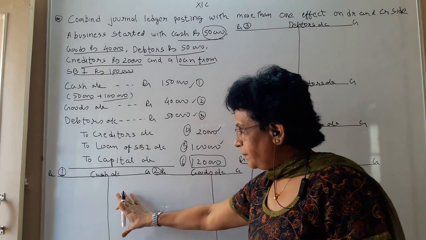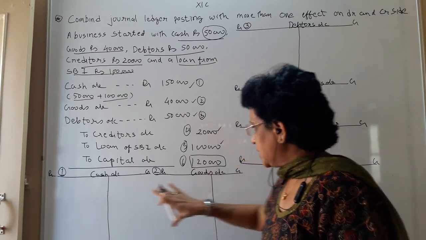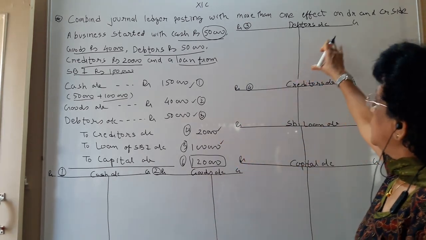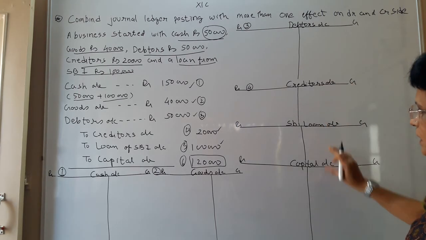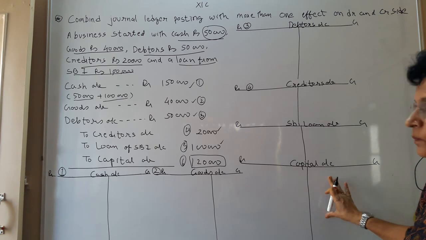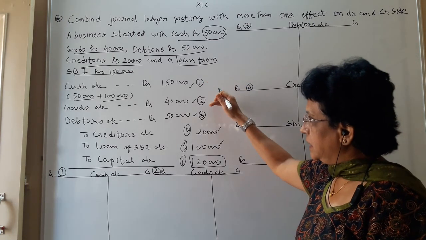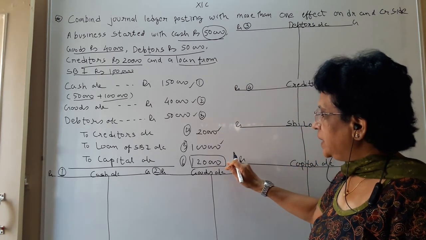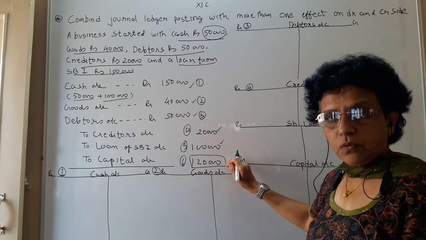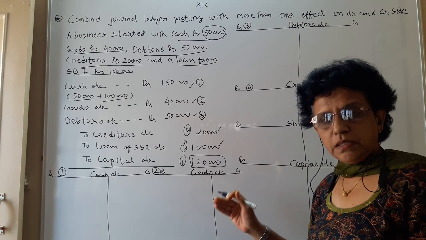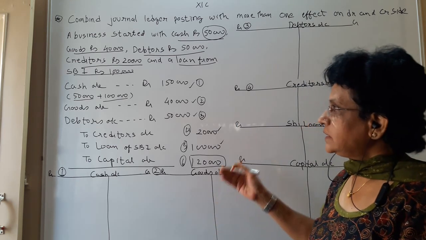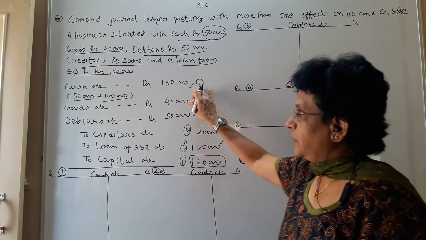I have already prepared the six ledgers: cash account, goods account, debtors account, creditors account, SBI loan account and capital account. Whenever a new name appears in your entry, that account has to be opened. So let us begin with the cash account.